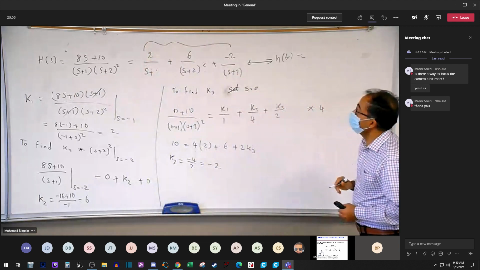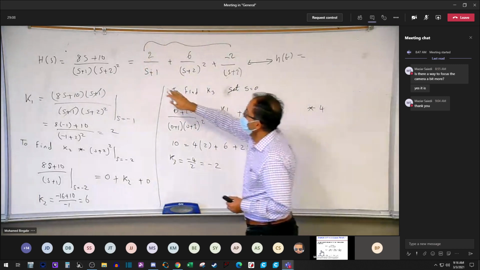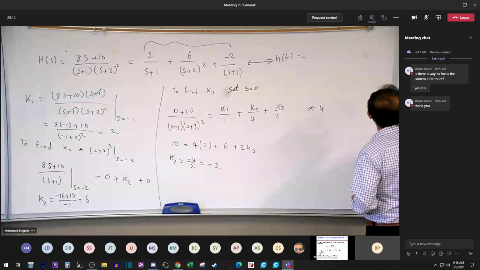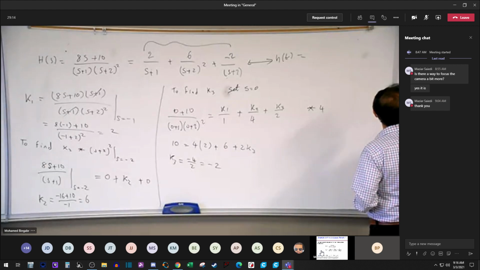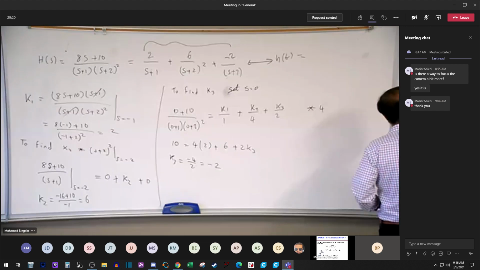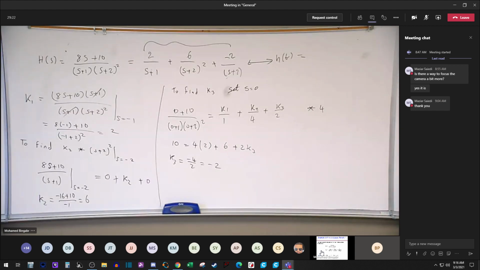And from the table, we have 1 over s minus lambda. Is it 1 plus lambda? Some textbooks put plus and then this is minus, some minus, this is plus.